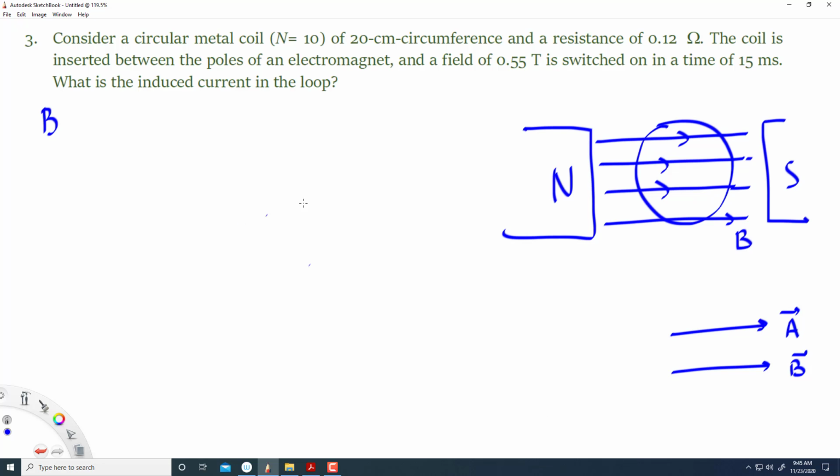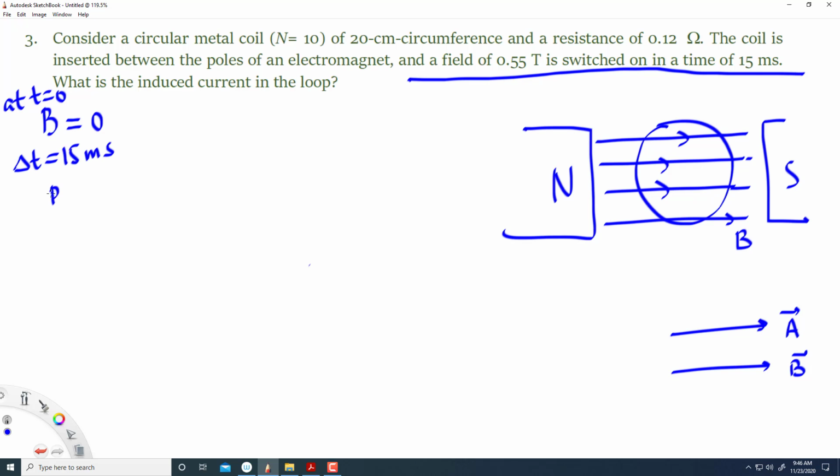What we are changing is, see here, initially at t equal to 0, the magnetic field is 0, but in delta t of 15 milliseconds, we change the magnetic field to 0.55 Tesla.